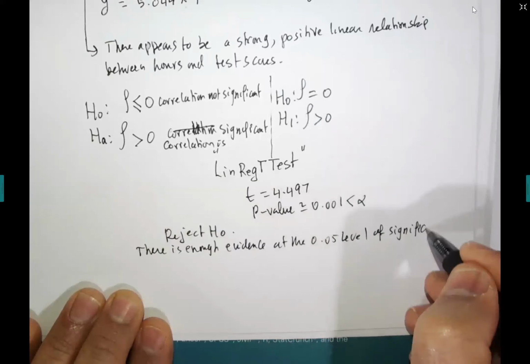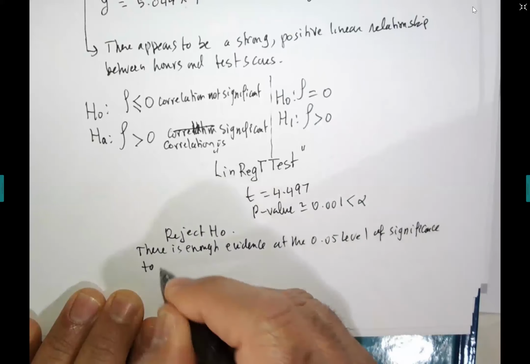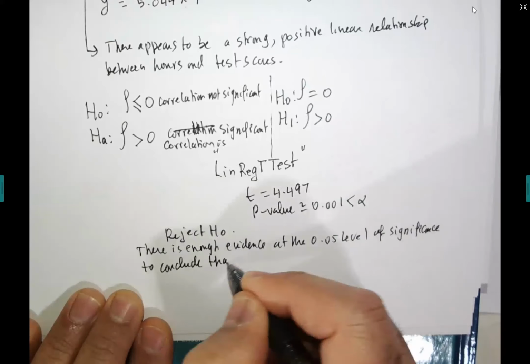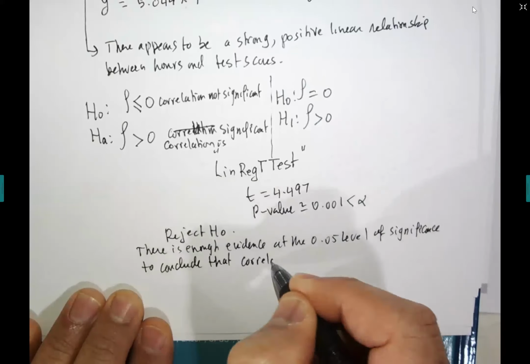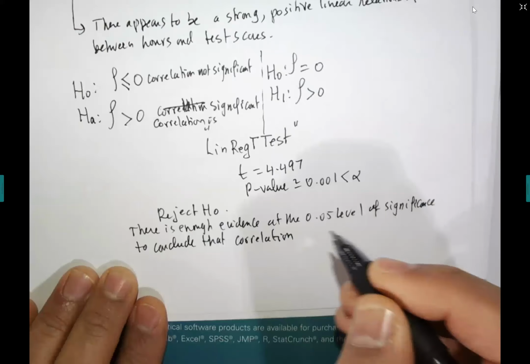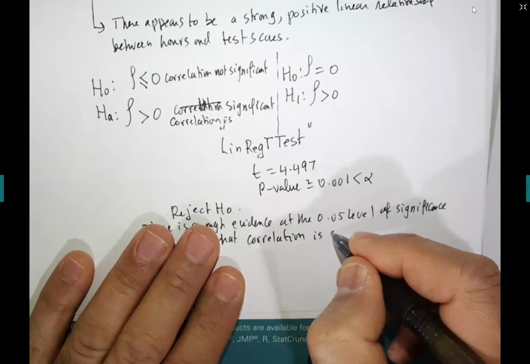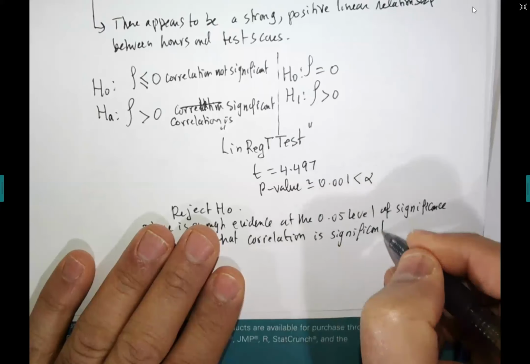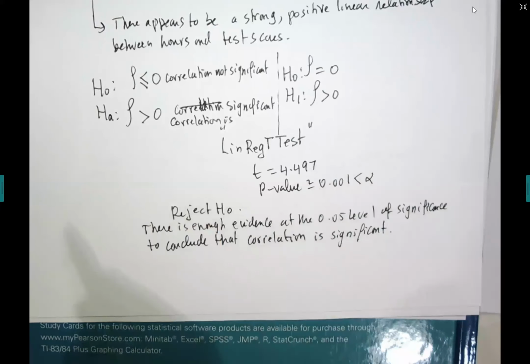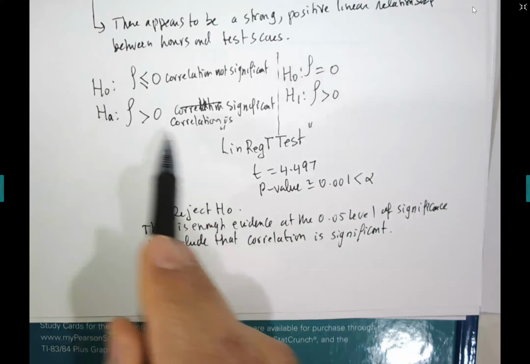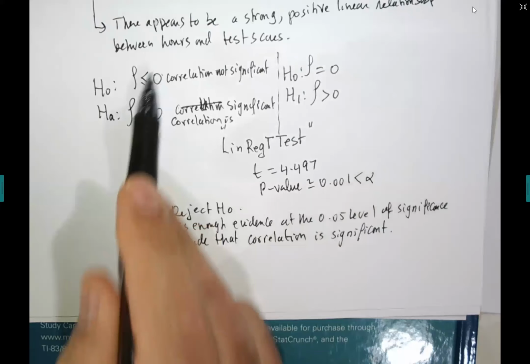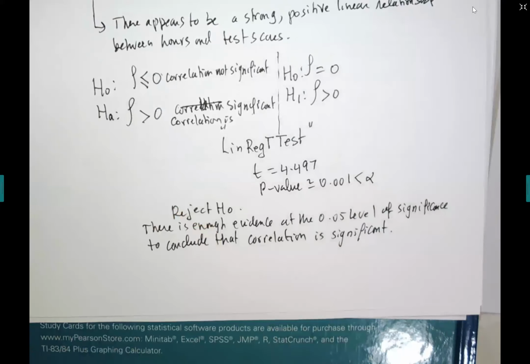Significance to conclude that correlation is significant. So if you reject H0, your correlation will be significant, this one will prevail. If you don't reject H0, you say we don't have enough evidence to conclude that correlation is significant.